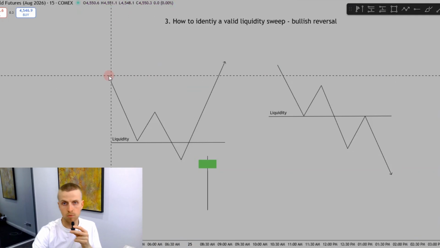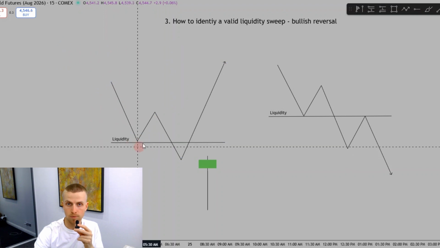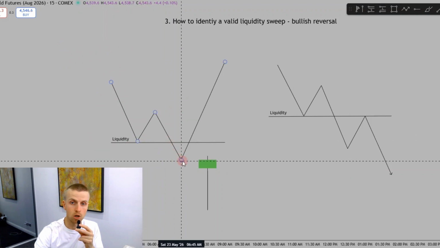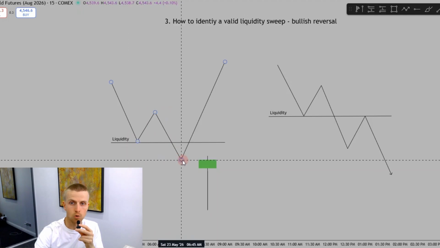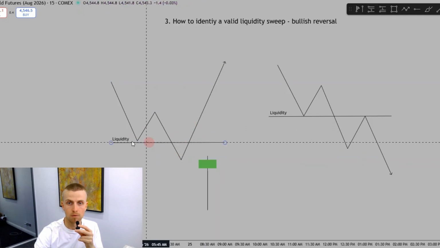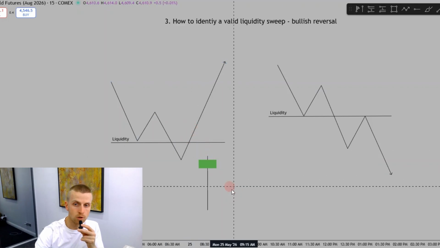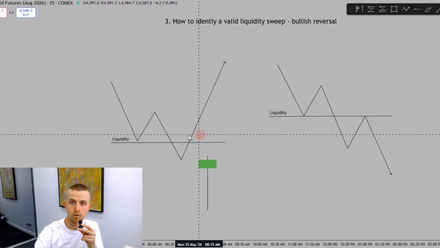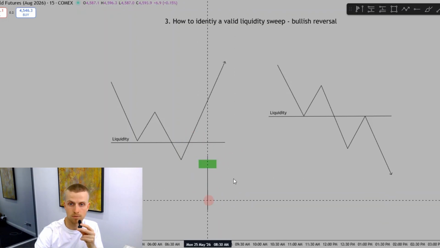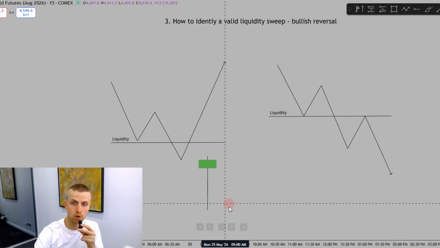Well, in this example, we're trending down. We've created a lower low, lower high, a lower low, which has swept this liquidity, but then price has aggressively pushed back above this level. It closes. Now, generally, a bullish close above this level will look something like this: a very small body at the top of the candle and a long bottom wick.